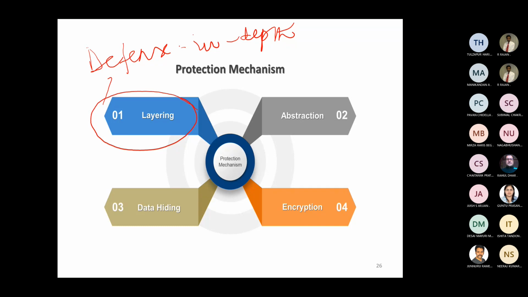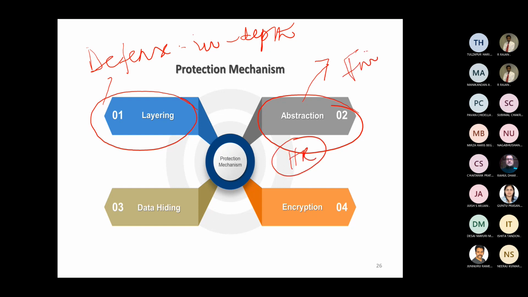The second layer is called abstraction. Now, abstraction is more from the perspective of the ease of managing. When I say ease of managing, let's say you wanted to introduce an access control mechanism. Now you've got HR as one group of people.